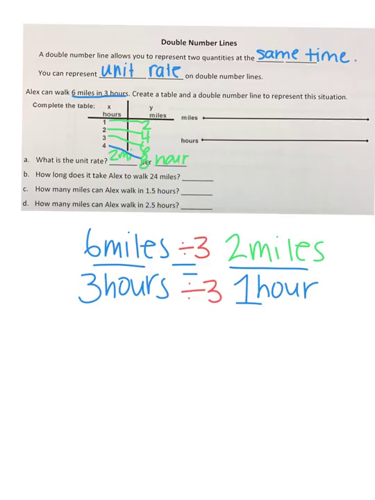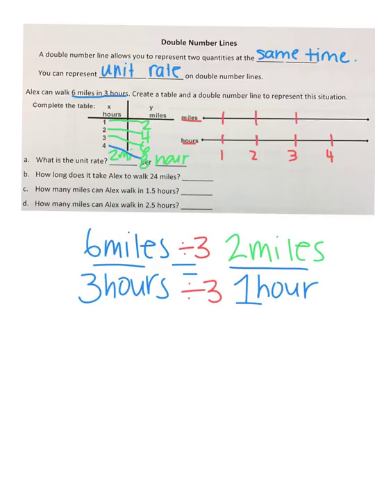So now that our table is complete, we can create our double number line. So the difference between a double number line and a tape diagram is that these are not boxes. Okay, so think of a number line. We have those little tally marks almost to represent where our numbers are. So in this case, we're going to use our tally marks. And we have hours and miles. In this problem, we only have 4 hours, so we can just tally 1, 2, 3, 4 hours total, and then you want to match them up on the number line above.